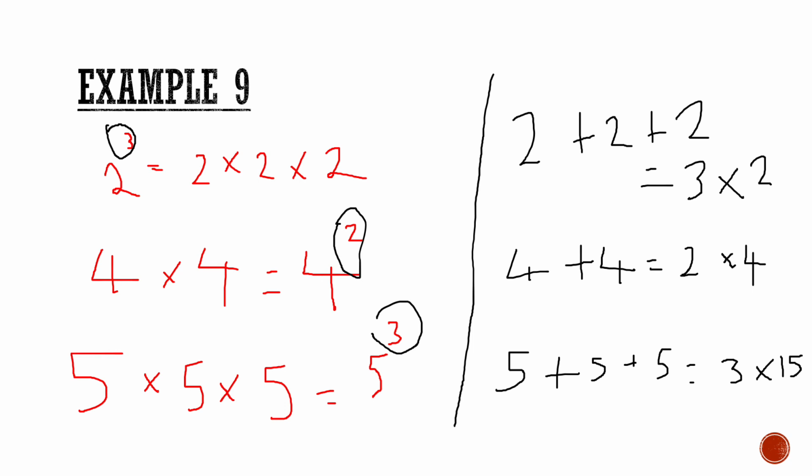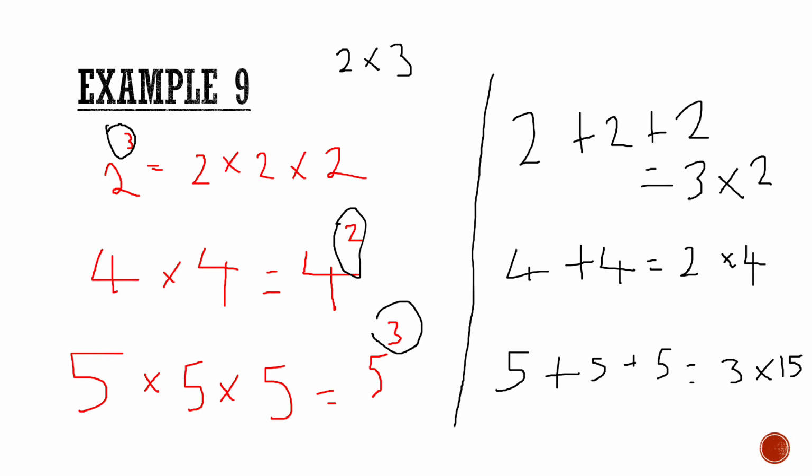And the most important thing, guys, to remember is that when I'm multiplying, I am combining the like terms. So I cannot do 2 times 3 and write it as 2 squared times 3 squared, because it's 2 different numbers. So remember that.